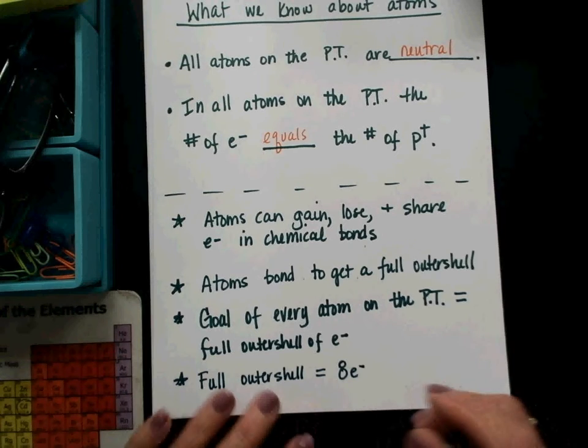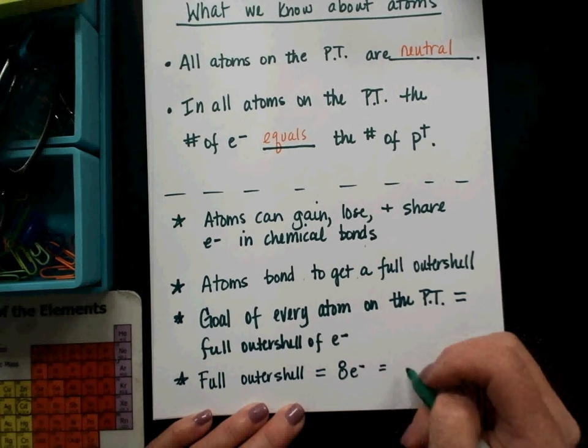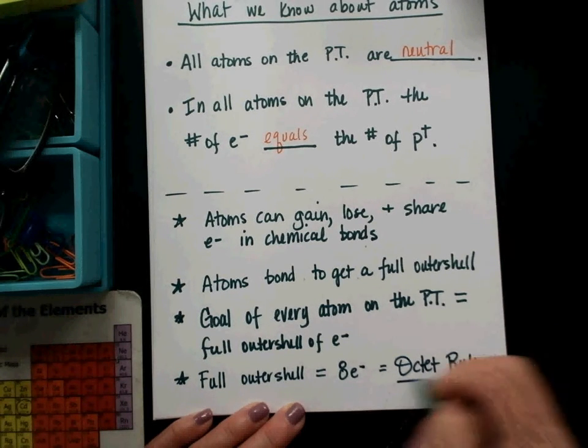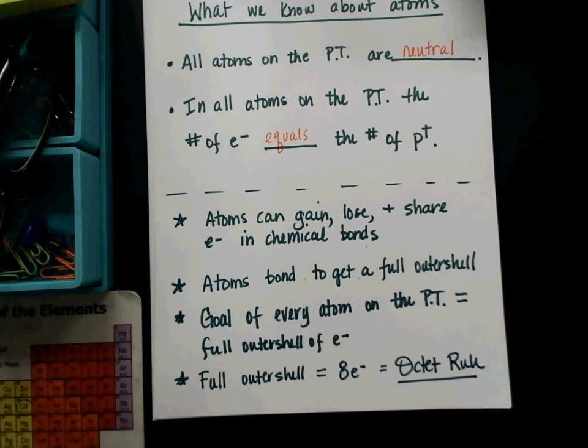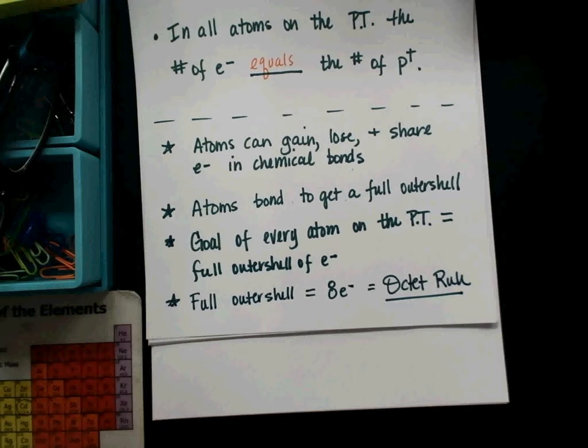A full outer shell equals 8 electrons. That's called the octet rule. Atoms will form chemical bonds to get a full outer shell, or an octet of electrons, 8 electrons in their outer shell.